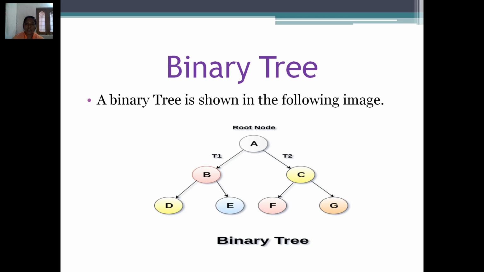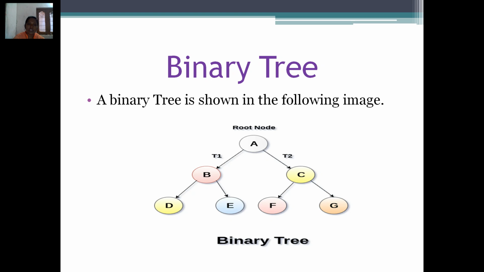Here in this picture it represents the binary tree. We observe that the root node, T1 and T2 are the three disjoint subsets of the tree. Here A is the root node, T1 is the left subtree of root node A, and T2 is the right subtree of root node A. Here again T1 is a binary tree and T2 is a binary tree.